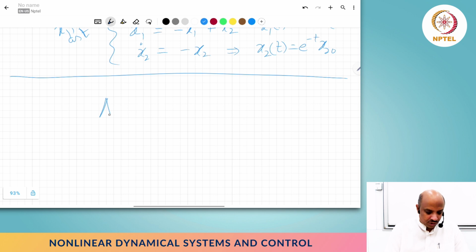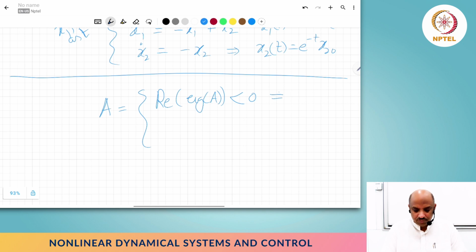If we have non-diagonalizable A, again a real part of eigenvalue of A less than 0 implies asymptotic stability.